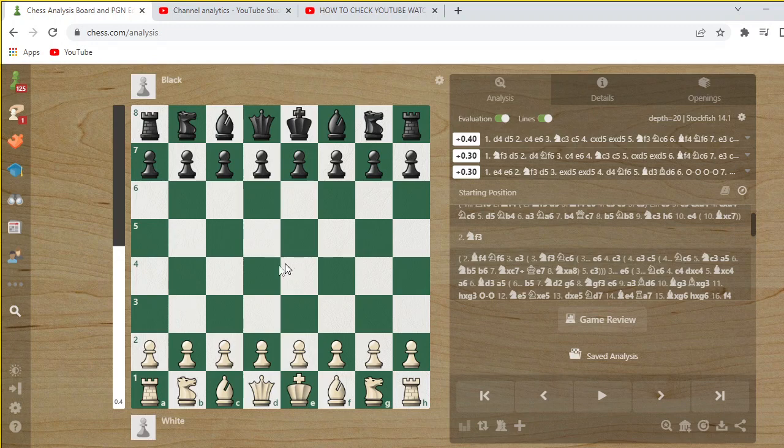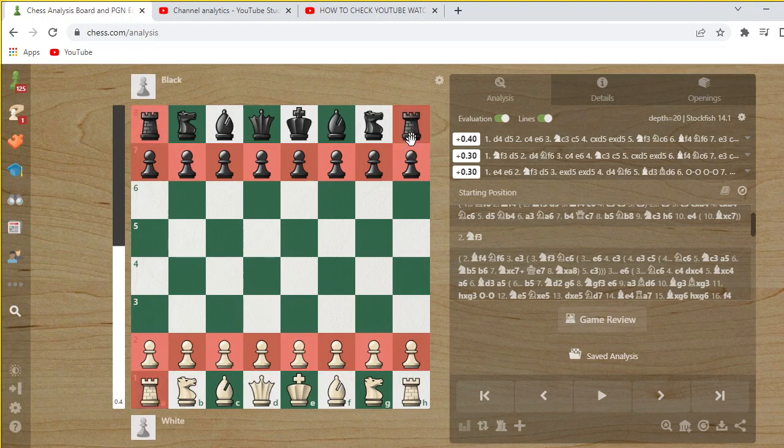So, as you can see on the chessboard, we have 1, 2, 3, 4, 5, 6, 7, 8 pawns on each side. On each side, we also have 2 rooks on both opposite ends.